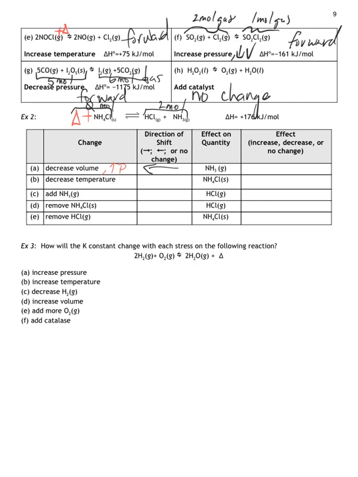Now, when it says the effect on the quantity, what that means is, as a result of shifting this way, which means it's going faster towards the reactants, the quantity of NH3 is decreasing quite significantly. And so the effect for NH3 is that it's decreasing if it's shifting left.